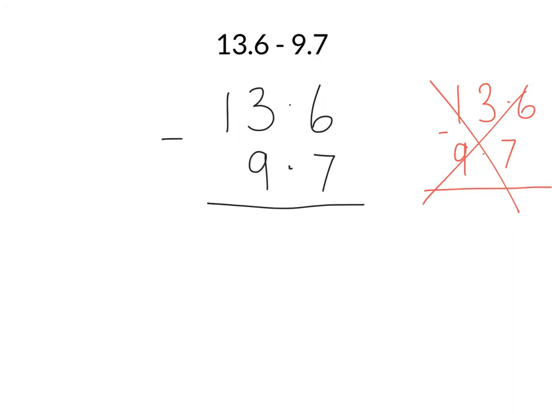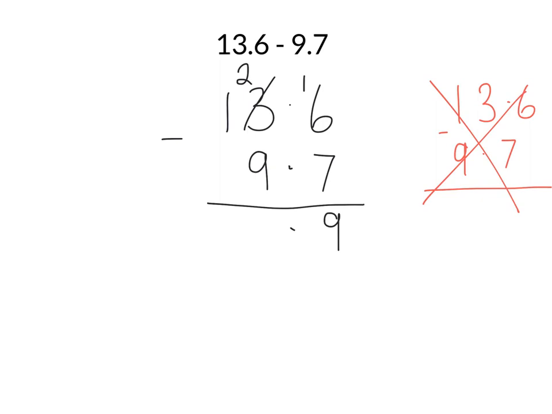So now, I've got 6 tenths take away 7 tenths. I can do that, but it's going to leave me with a negative answer. So I'm going to go to my 3 ones, exchange one of those ones for 10 tenths. And I can now do 16 tenths take away 7 tenths to give me 9 tenths. And now I've got 2 ones take away 9 ones.